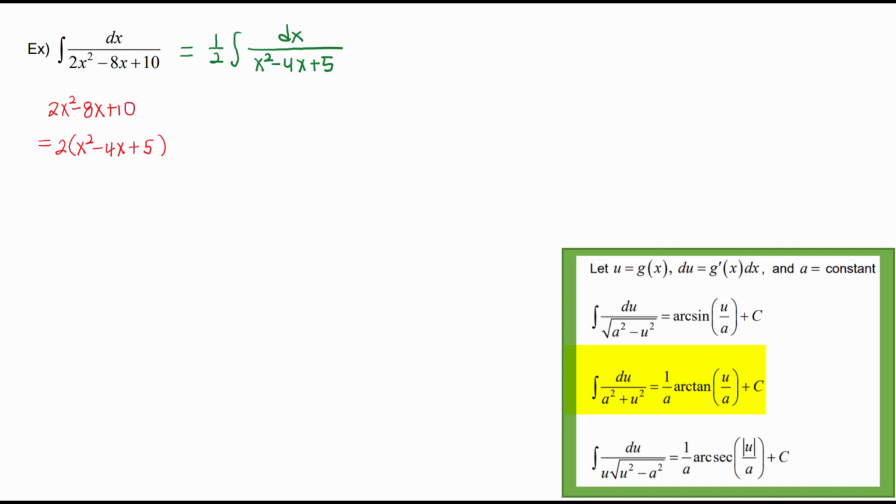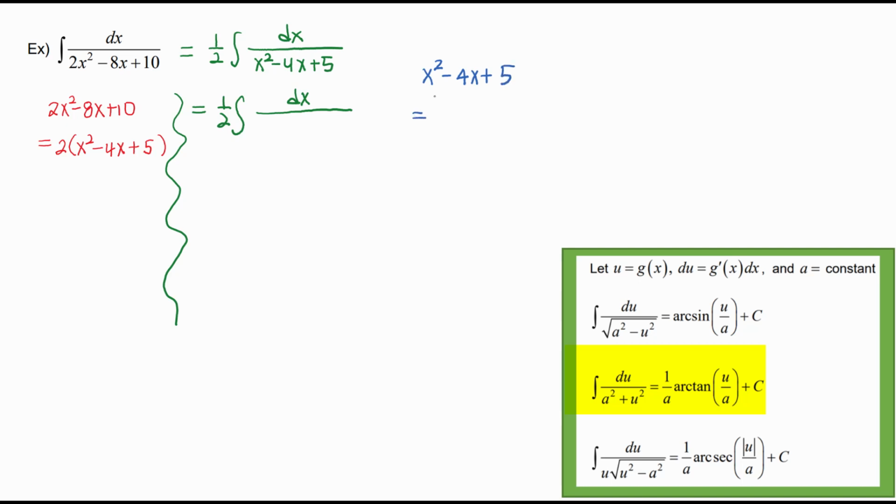And then, as we learned earlier, we are going to make this 1/2 integral of dx over, let's complete the square. If you are more comfortable doing it on the side, there's nothing wrong with that. You can do it on the side. You have x squared minus 4x plus 5.